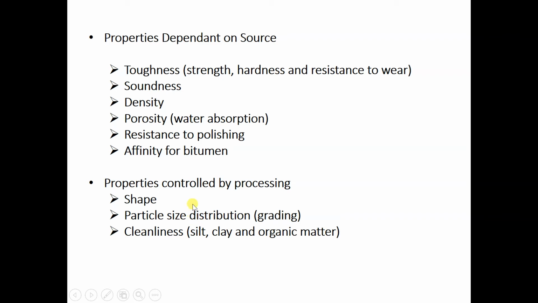So you may need to remix the aggregates to meet the requirement of the project. They need a certain size distribution, so it needs to be remixed to produce that. Thirdly is the cleanliness of the aggregates: silt, clay, organic matter.